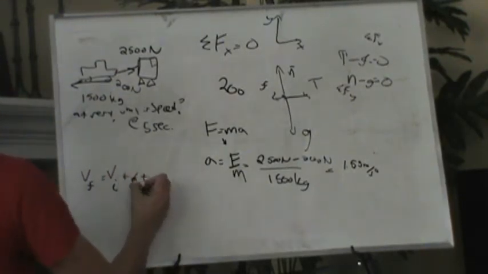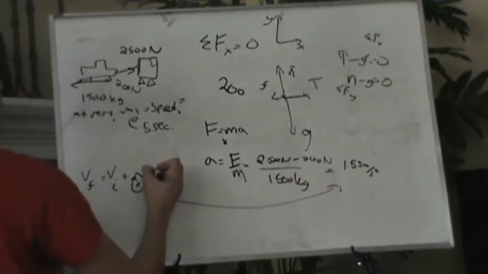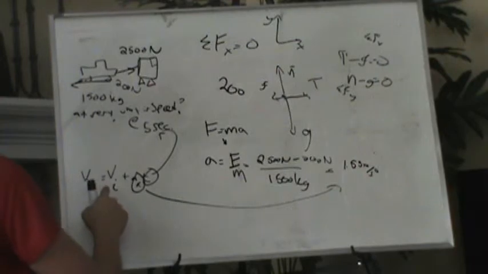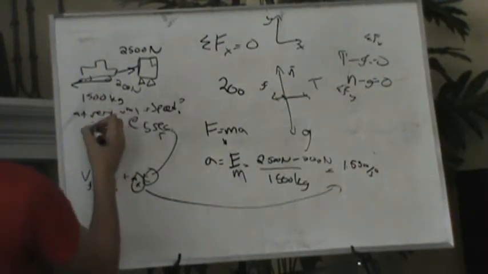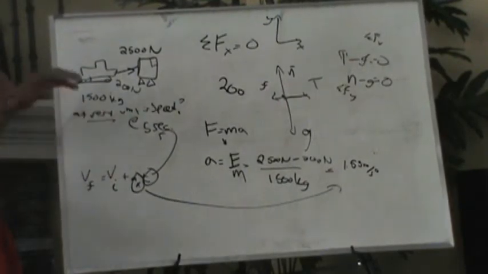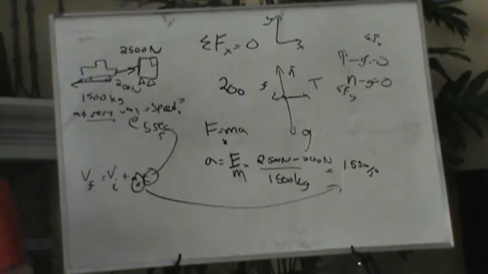Well, we have acceleration, we just found it here. We have time, which was given to us here as 5 seconds. And then you might think, well, I don't know what vi is. Well, it tells you here, at rest. All that this means is that since it starts at nothing, this would be 0.